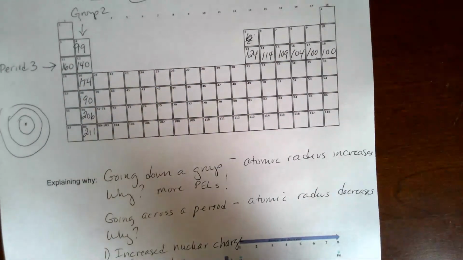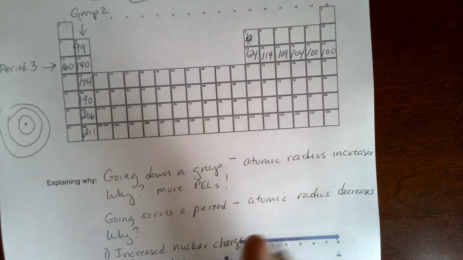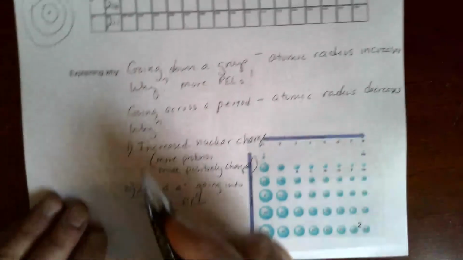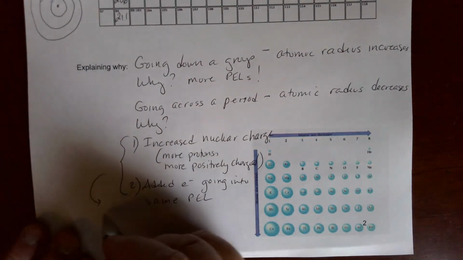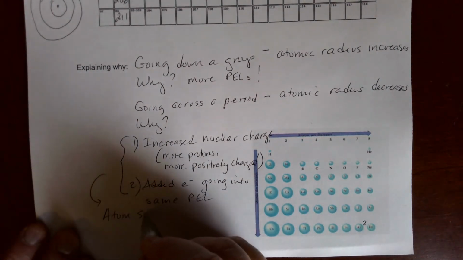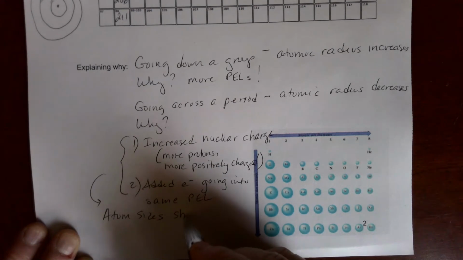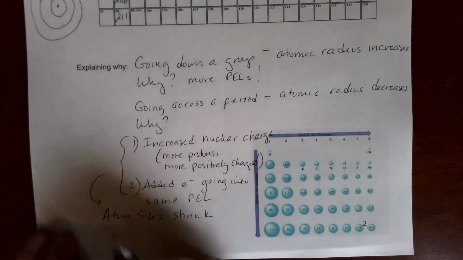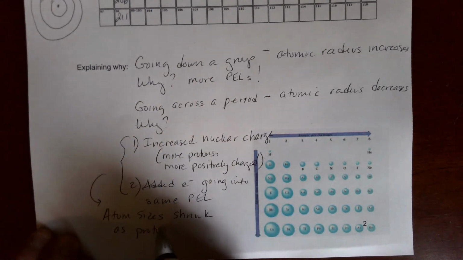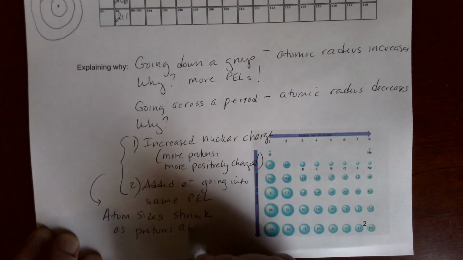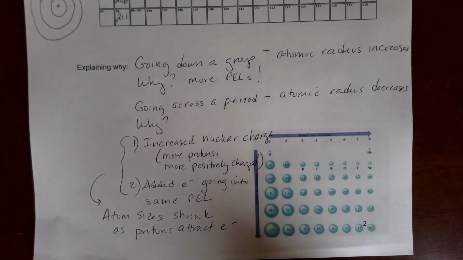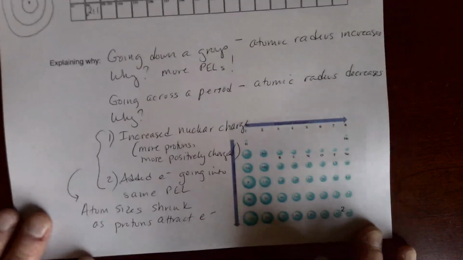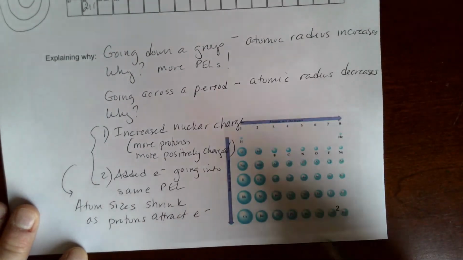That increased positive and that increased negative within that same shell means that the atom will actually shrink, that the atom sizes shrink, as the protons attract the electrons.